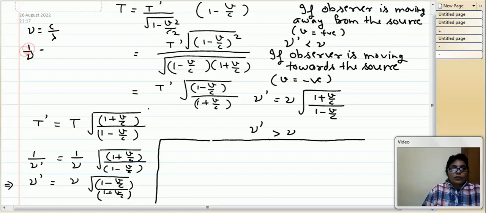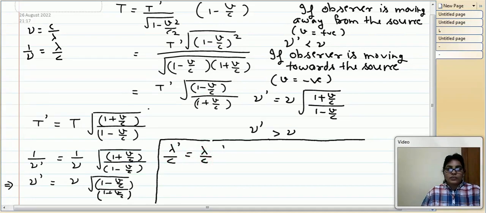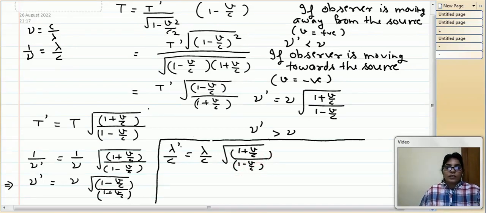So 1 by nu is equal to lambda by C. So here 1 by nu dash, we will write as lambda dash by C is equal to lambda by C under root 1 plus V by C divided by 1 minus V by C. So C gets cancelled, and then lambda dash is equal to lambda into this factor.